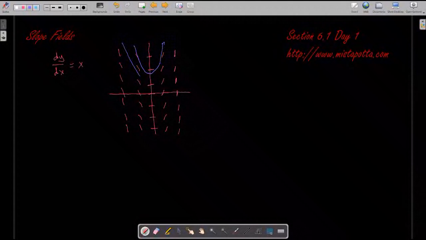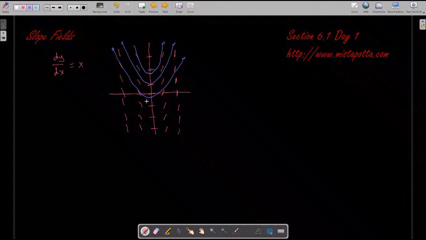Decreasing, horizontal tangent, and then increasing. And as I graph these lines, this family of solutions certainly looks a lot like parabolas.